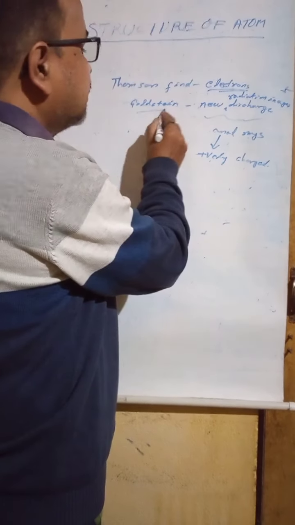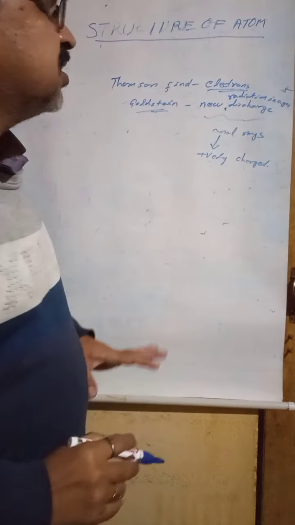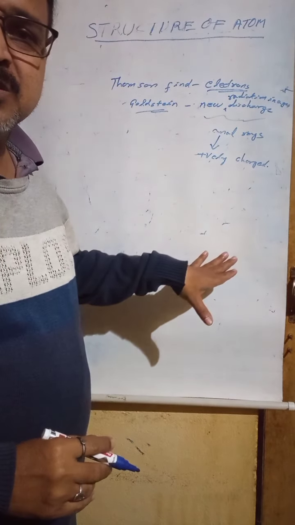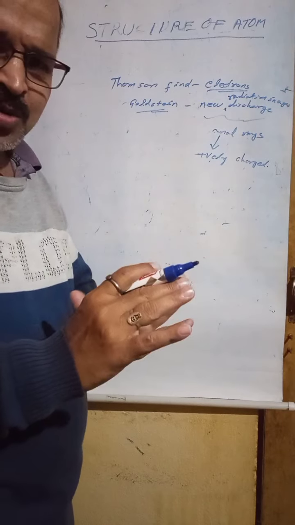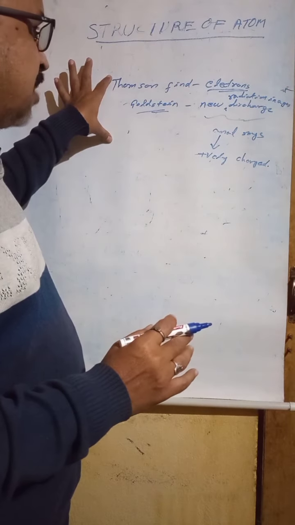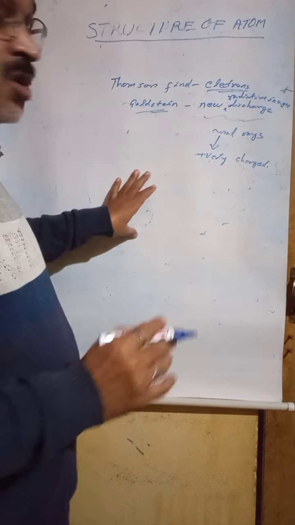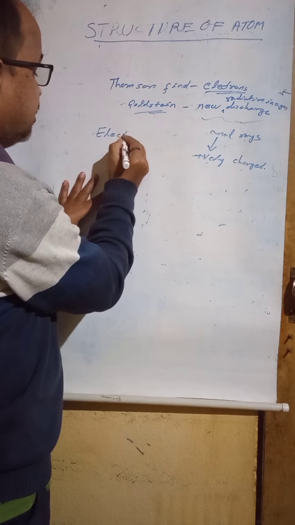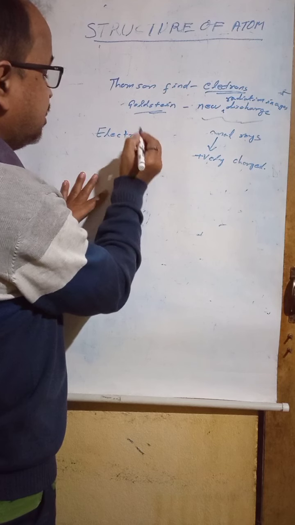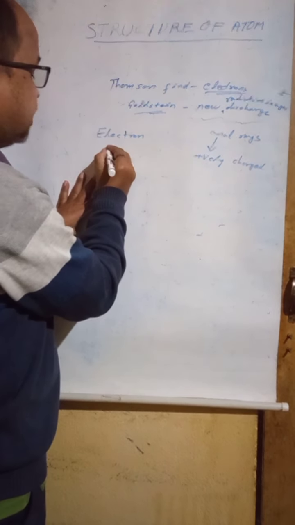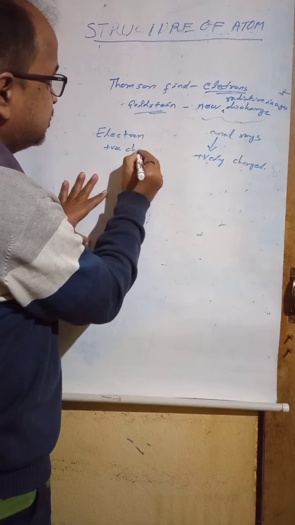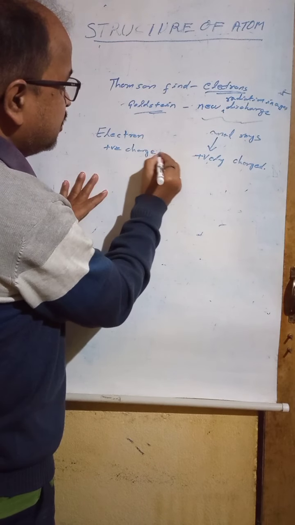Then Goldstein found a new radiation in a gas discharge, called canal rays, which is positively charged. So now you come to know that the atom also consists of electrons and a positively charged particle.